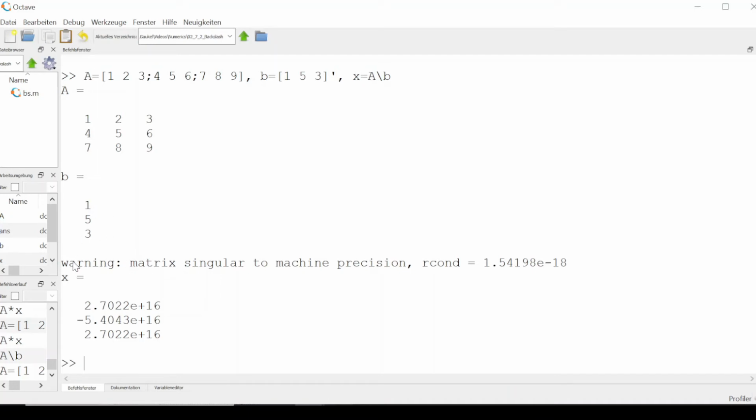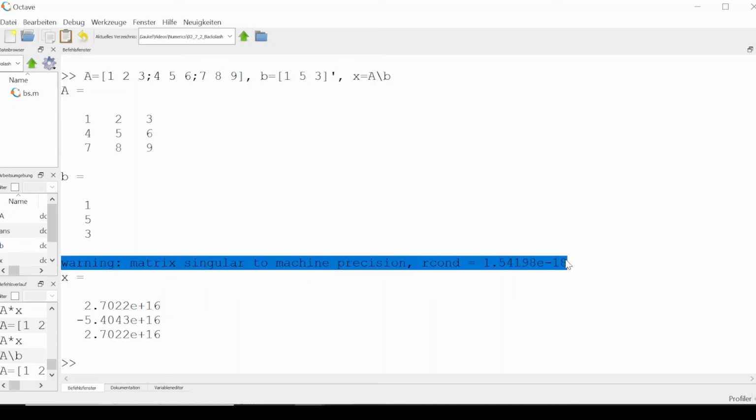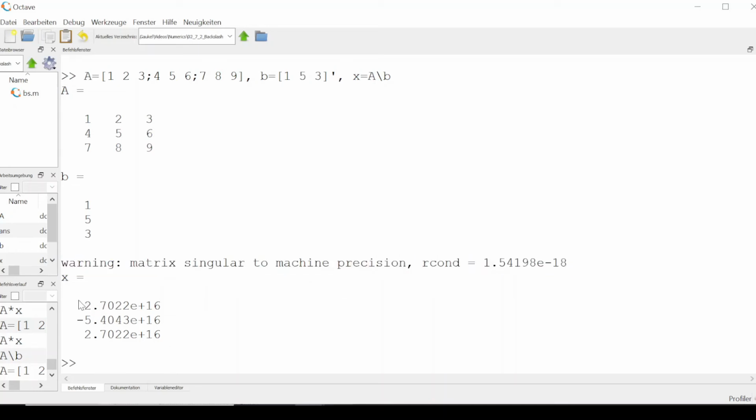Matlab tells us at least: it will return a solution, which is that one, but on the display there's at least a warning. But if we do that inside a lot of code, then this warning is displayed, but internally the calculations will not be stopped, so we will get some funny or some wrong answers in the end.